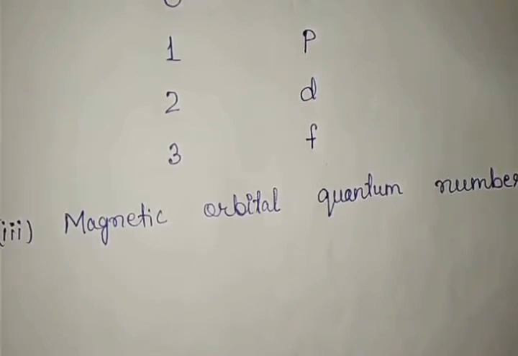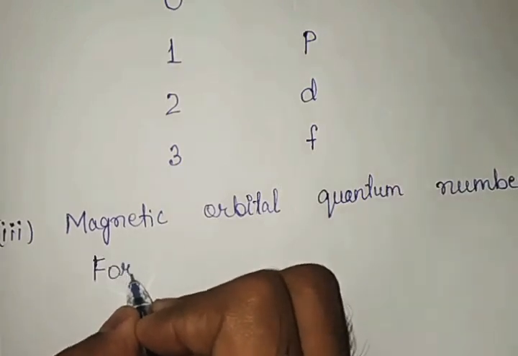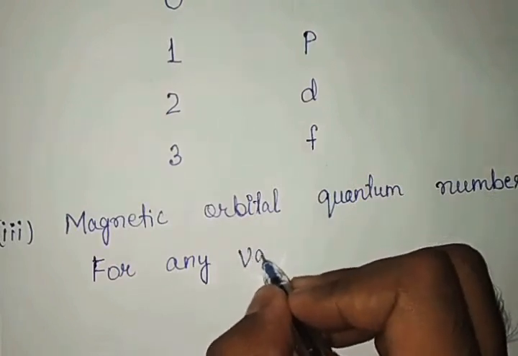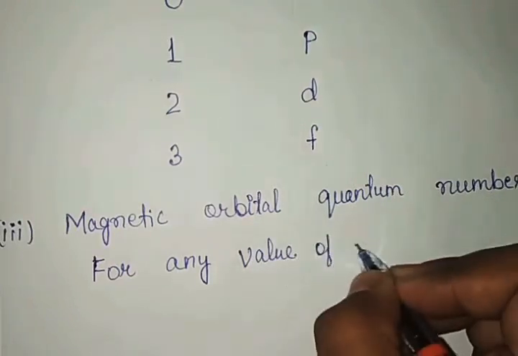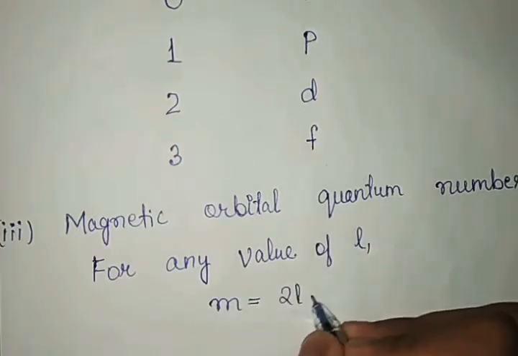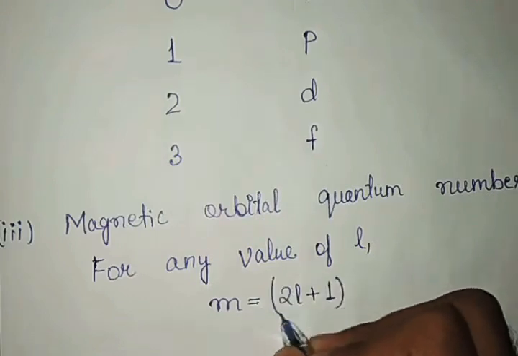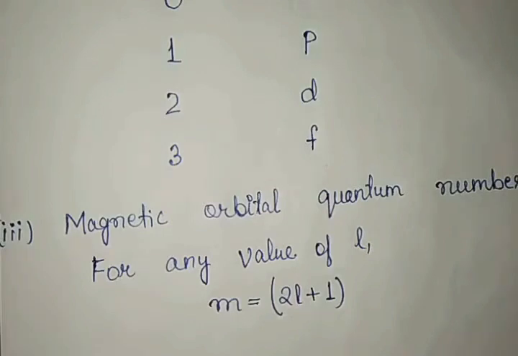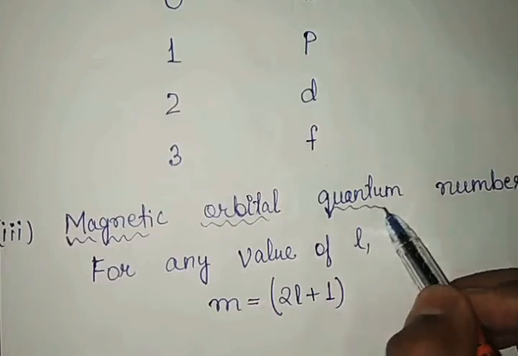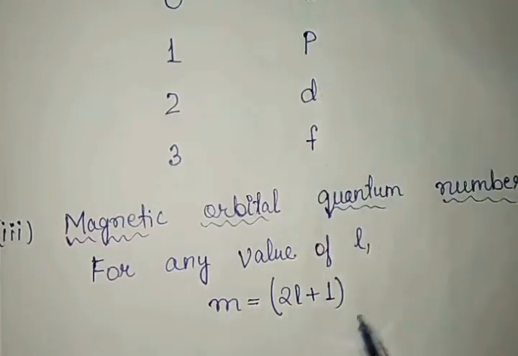For this moment, it's better that for any value of L, m is given as twice L plus 1. Means this is the formula for finding m. It's this magnetic orbital quantum number, it is related with L. And this will give us about the orientation. That what is the orientation?